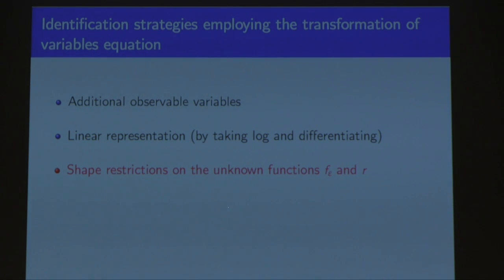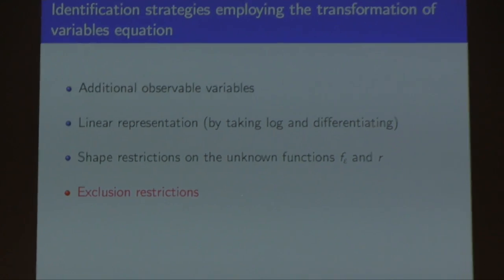Are they separable in some variables? So we can use that. The original approach was, let's assume everything is linear, maybe even imposing a distribution for the unobservables. Now we're trying to see how far we can go the other way, without imposing much. So we have exclusion restrictions and independence conditions, okay?